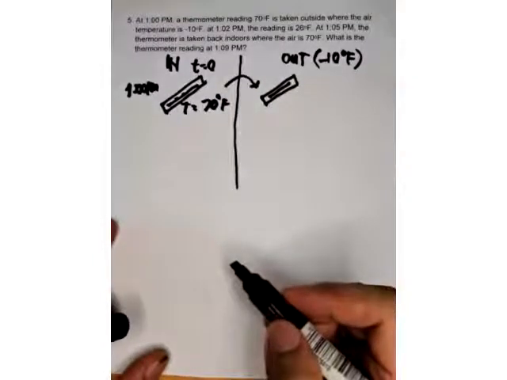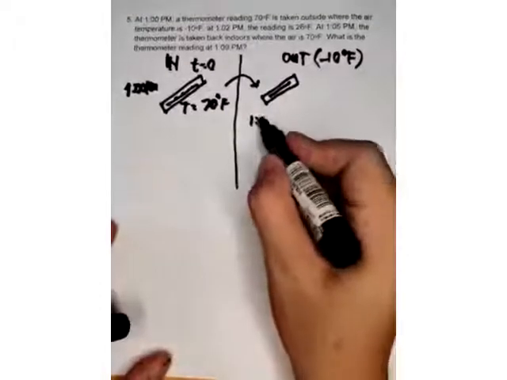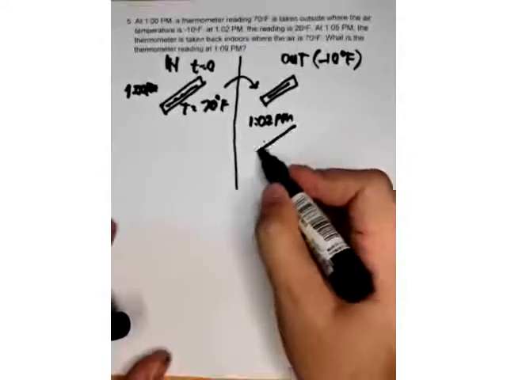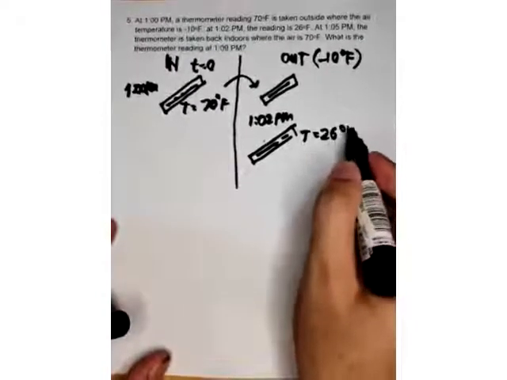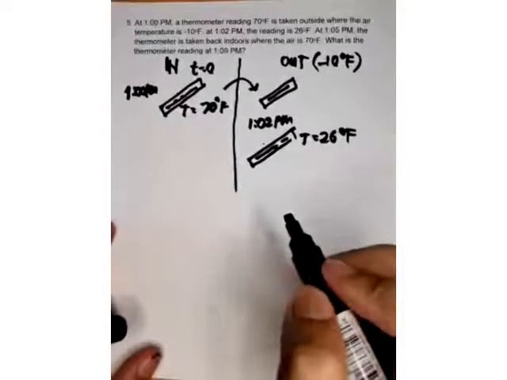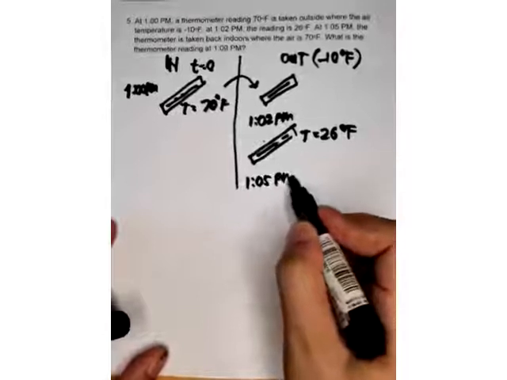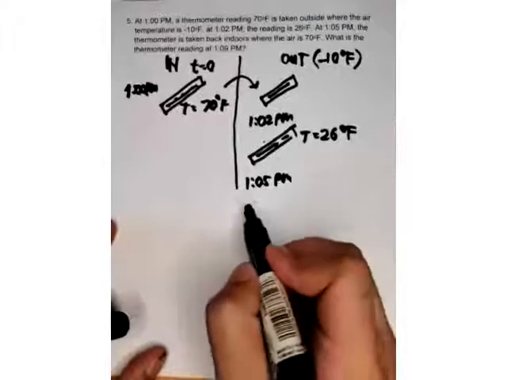And then at 1:02 p.m., the thermometer reading is 26 degrees Fahrenheit. Okay? And then at 1:05 p.m., the thermometer is taken back indoors where the air is 70 degrees Fahrenheit.